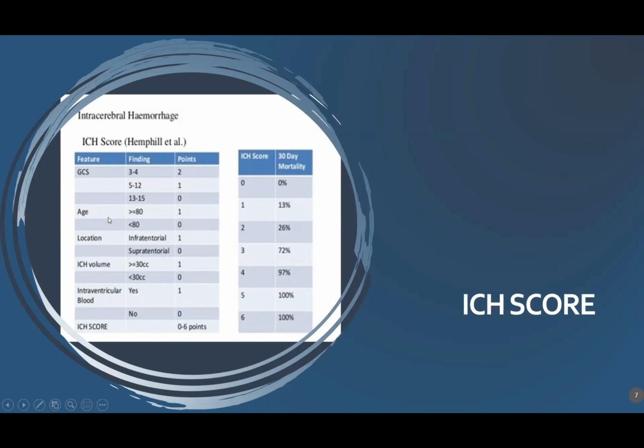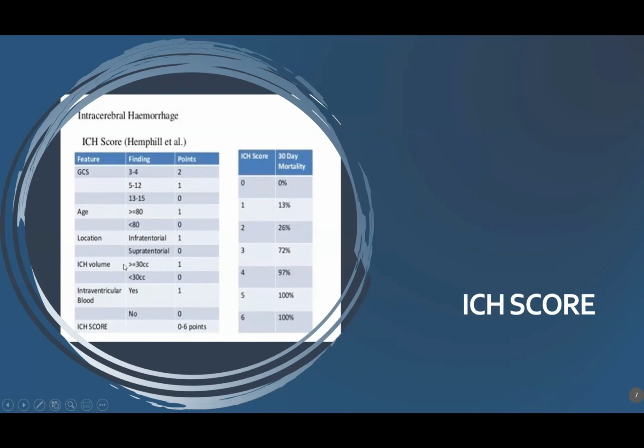Age of the patient: younger than 80 or 80 and more. Location: infratentorial, if it is pontine, brainstem, or cerebellar, they do worse if there is no surgical intervention in the cerebellar part. For supratentorial, we will go through their prognostication and what we should do for them.